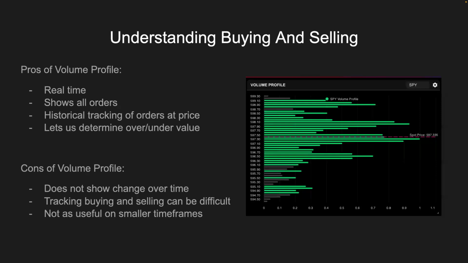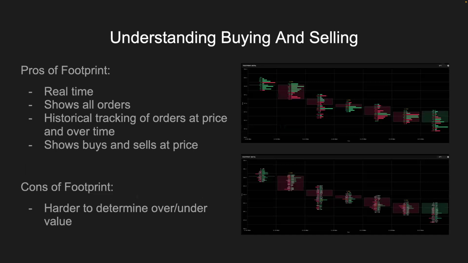Volume over time is beneficial, but understanding exactly where that volume, where that buying occurred, gives you a little bit of a better read. And then from that point on, we started to move over to the footprint chart, which is a combination of both the time and sales and the volume profile in one tool, giving you the ability to see volume over time, but also at individual price points.